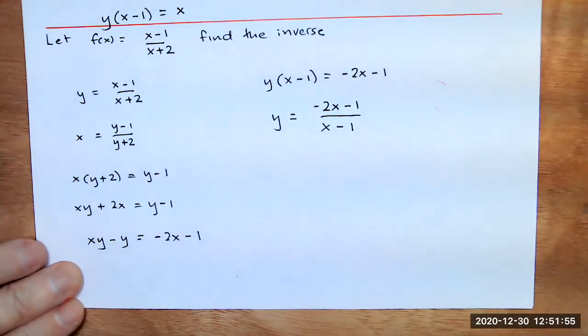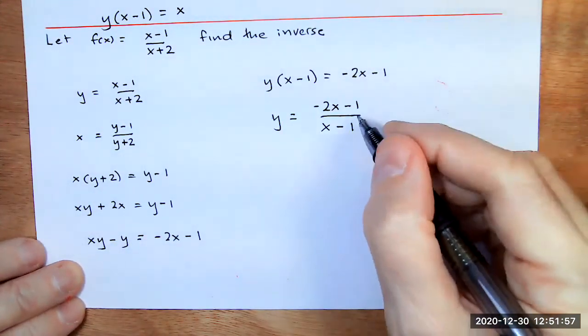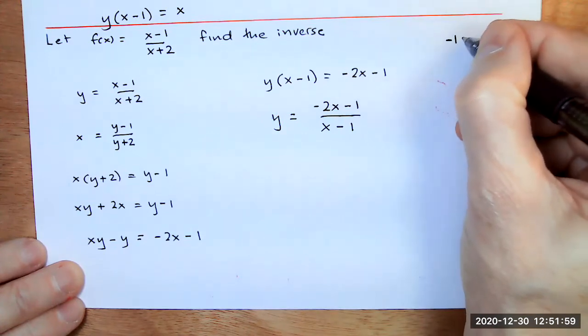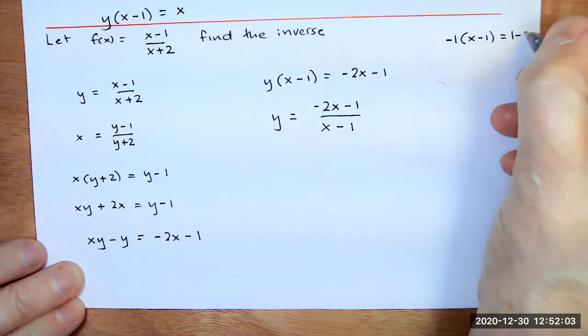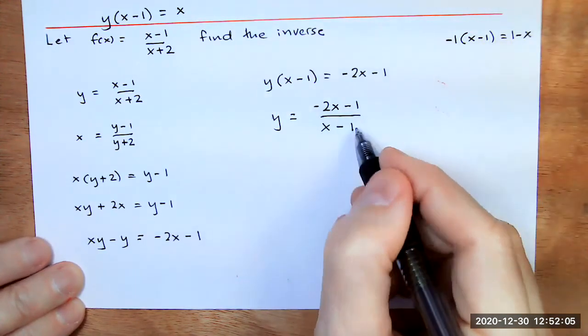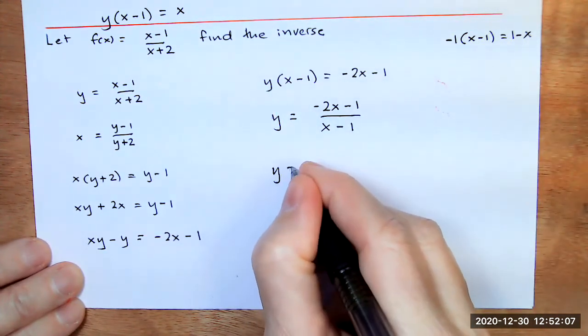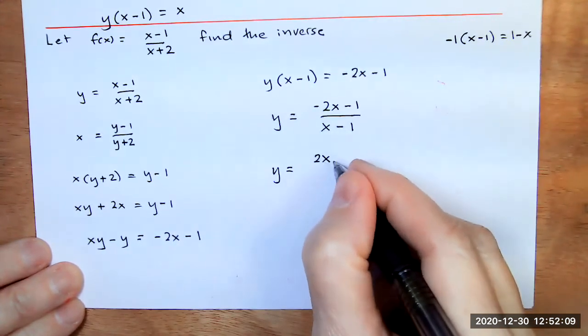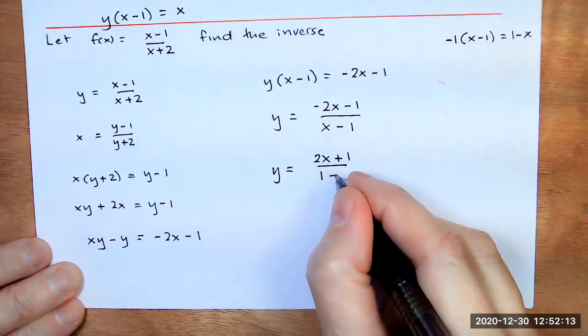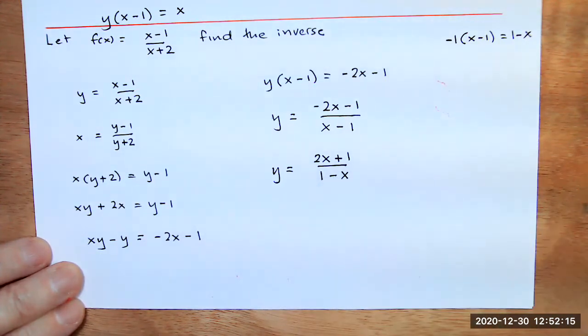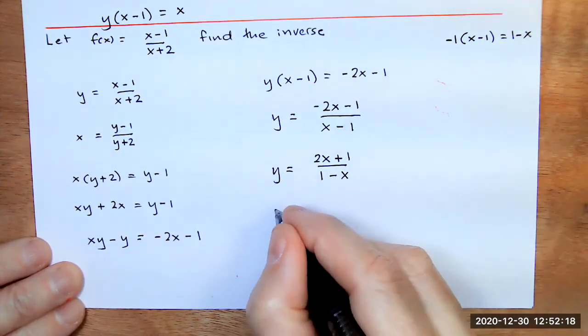And that's your inverse function. Of course, minus 1 times x minus 1 is 1 minus x. So just to clean it up, I'm going to factor out a negative 1. But either one is perfectly fine.